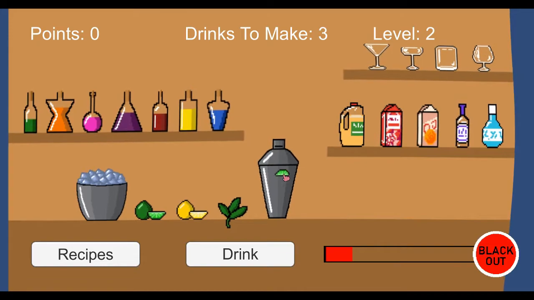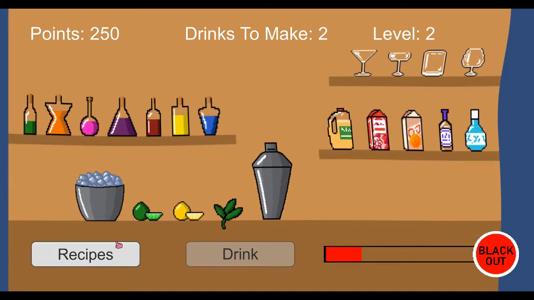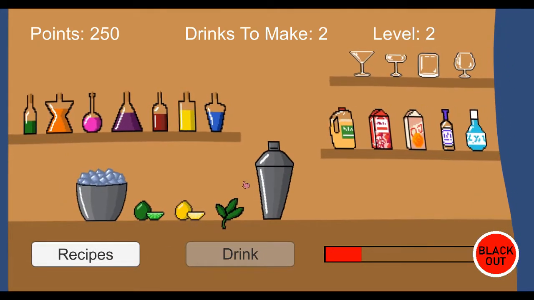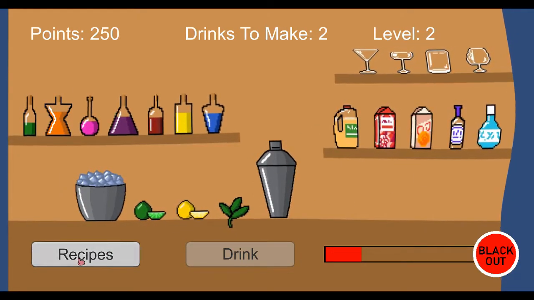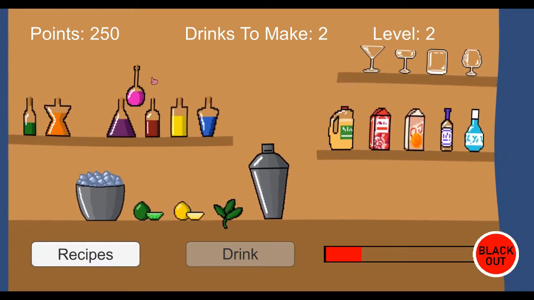And you need to make this many drinks to pass the level. So we'll see, but I think there might potentially be a little bit of friction there between those two.